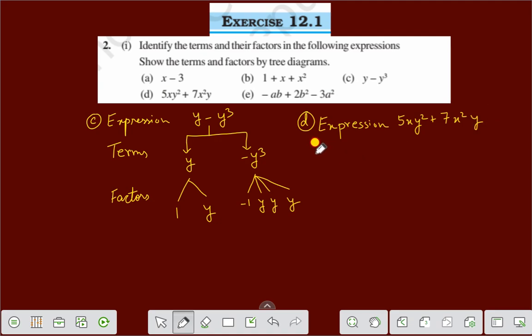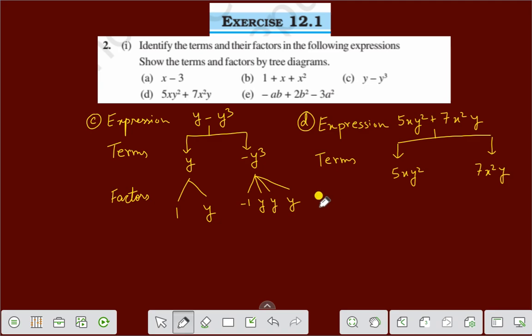Now if you find the various terms, we'll get one term is 5xy square, and another term is 7x square y, right?